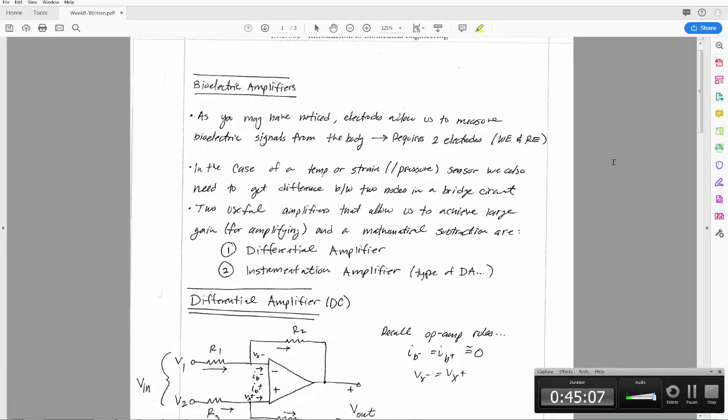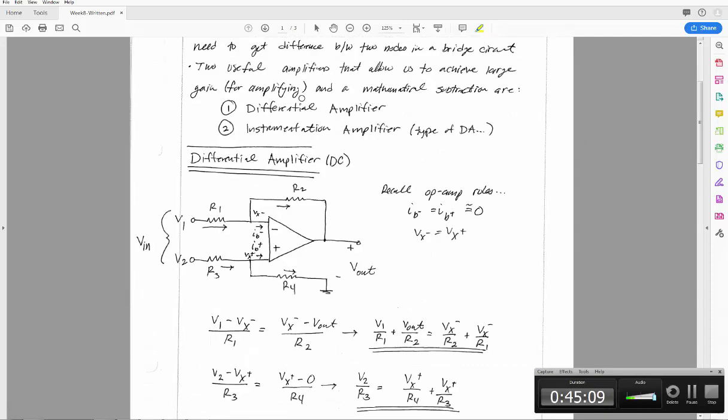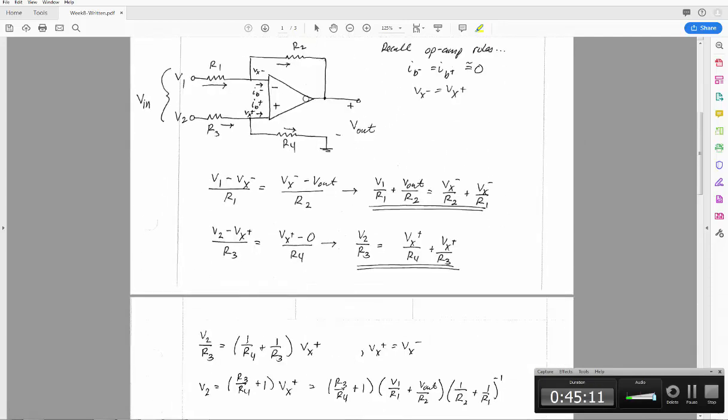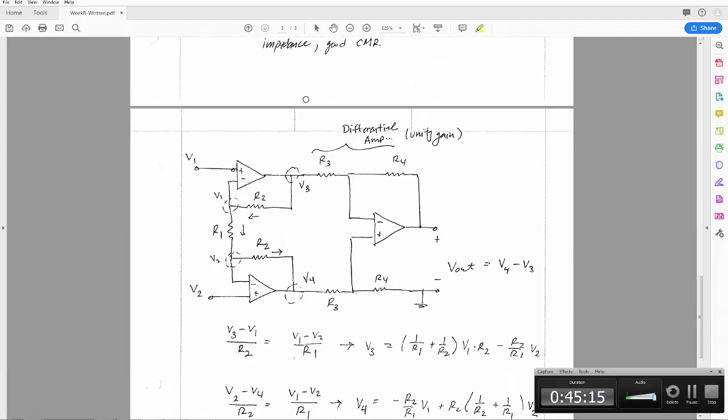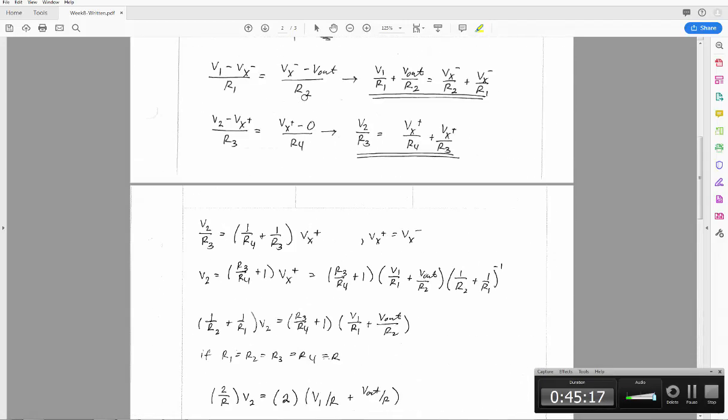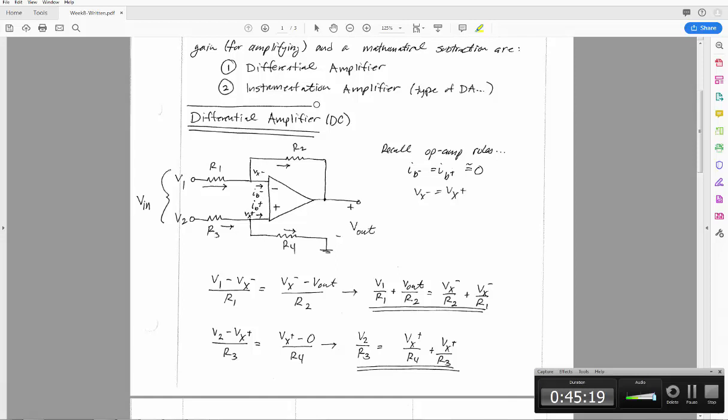This sheet is only 3 pages, and if you hated EC240, then I apologize, but this is just a rehashing of op amps. What I'm doing here is taking the differential amplifier circuitry that we saw: given V1 and V2, what is V out for these resistances and these connectors here.